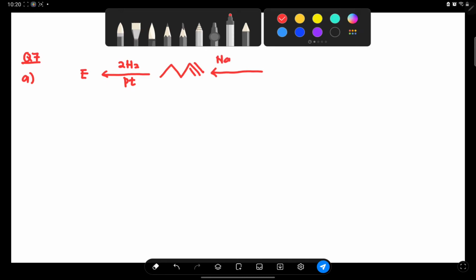Here is Na and H2, 150 degrees C. Here is H2O. Get F. Compound D. Then react with Cl2 to produce compound G. So predict the structural formula for compounds E, F and G.